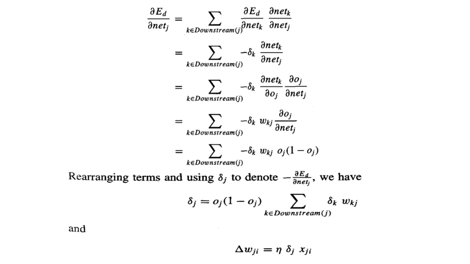First let us take this particular equation, that is differentiation of Ed divided by differentiation of net j. Here we have to include this net k as a chain rule.